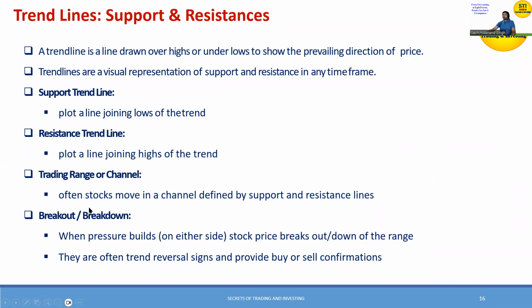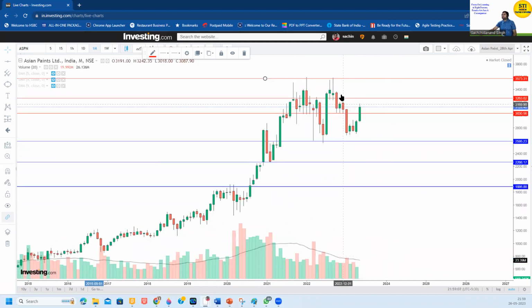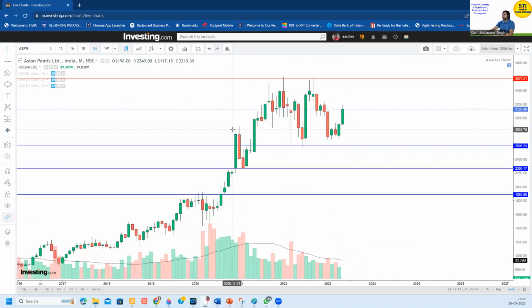Often a stock moves in a channel defined by support and resistance lines. Breakout and breakdown, as I said, describe the direction in which the stock price moves out of this channel. I'm removing a few of the lines for better understanding.